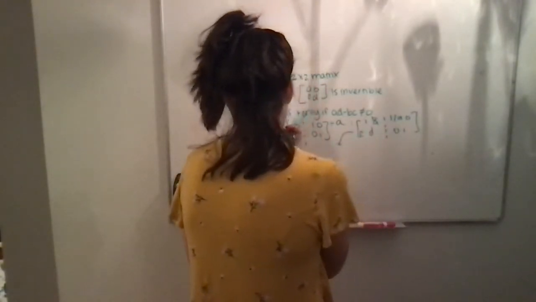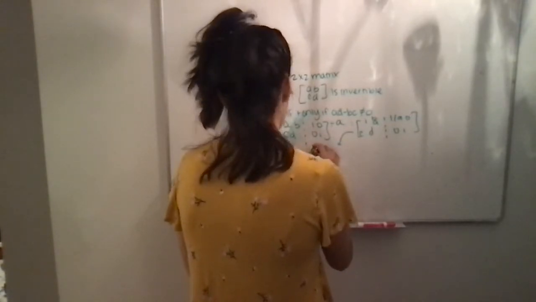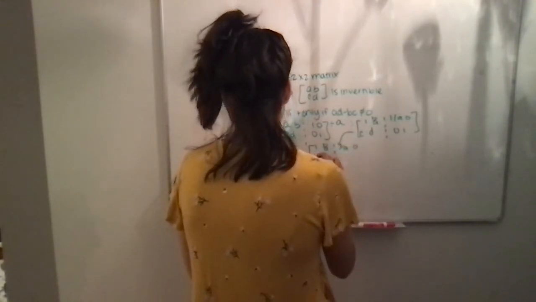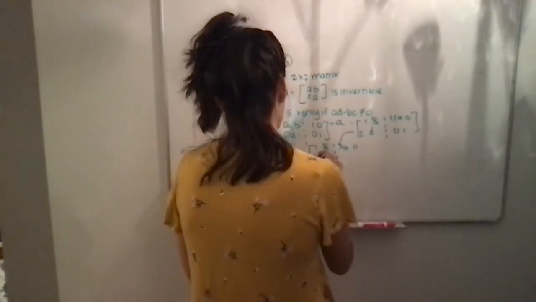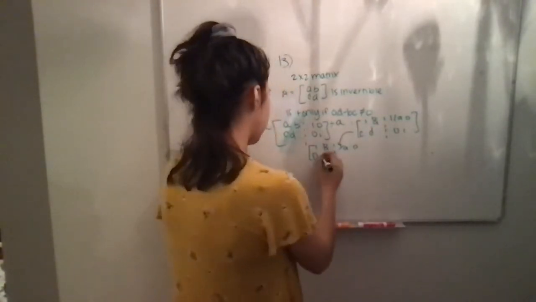which we can then take and say 1, B over A, 1 over A, 0, and then we can get 0 here once we cancel that out.